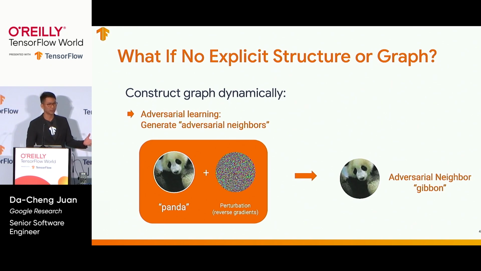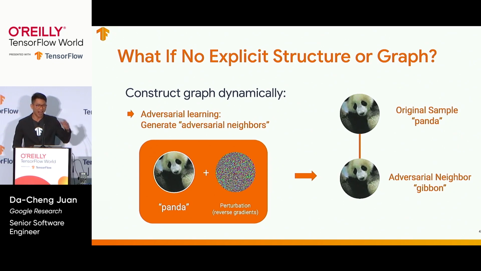Then, this malicious perturbation is added to the original training sample to create the adversarial neighbor. Again, the design of the adversarial neighbor targets confusing the model the most, which is to maximize the loss. Then we add an edge between this adversarial neighbor and the original training example. And therefore, we have constructed a graph, or constructed a structure.